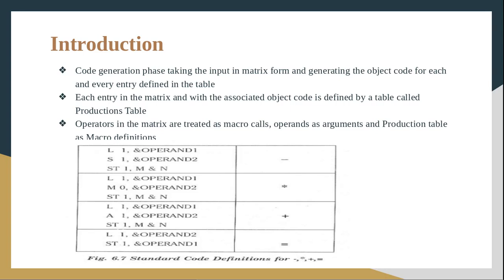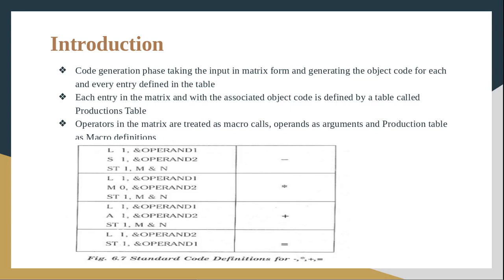In this particular statement, first the operand 1 will be loaded into register number 1, and the second instruction is M0 comma &operand2, which means operand 2 will be multiplied with the content of register 0 plus 1. Make a note here: whenever we are using the machine multiply instruction, the first operand we represent as one number less than the target register.